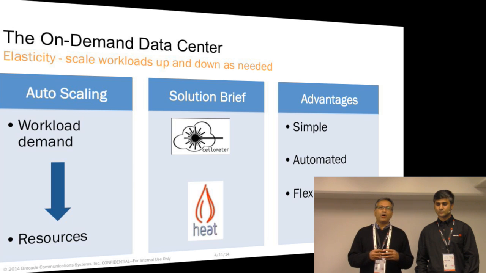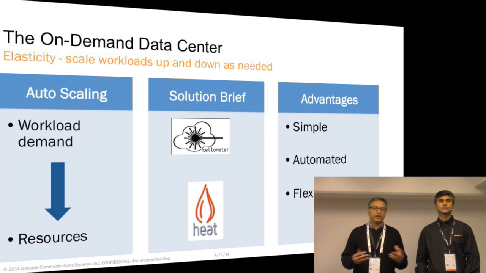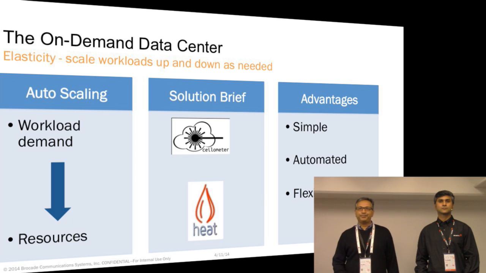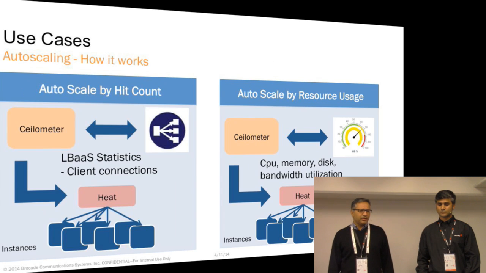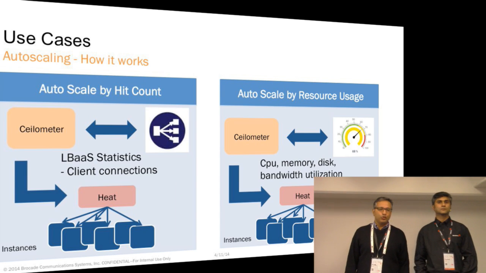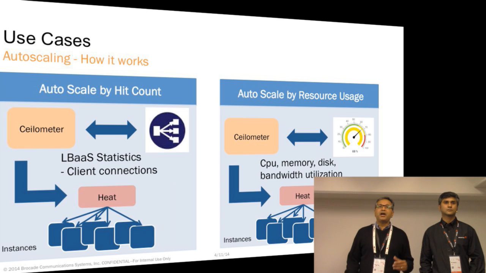So this gives you an idea of how we can use some of these tools within OpenStack to be able to create this on-demand data center. Here's what the use case looks like. We can do it two ways. One is by hit count.